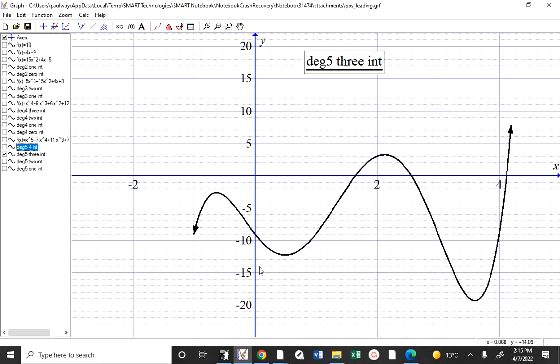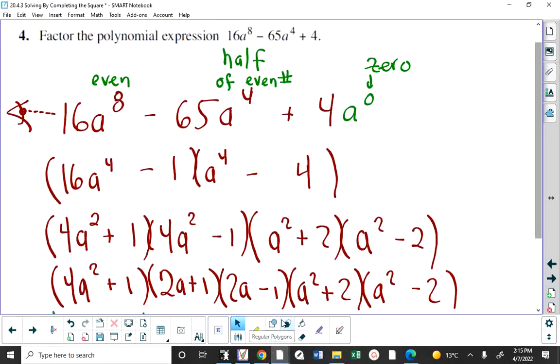So the bottom line here is, and it's more complicated than this, but since this is raised to the 8, it could potentially have 8 factors, but it could have fewer. So that's why we have, and by answers, I think you might have meant factors, right? Yeah. We only have 1, 2, 3, 4, 5.